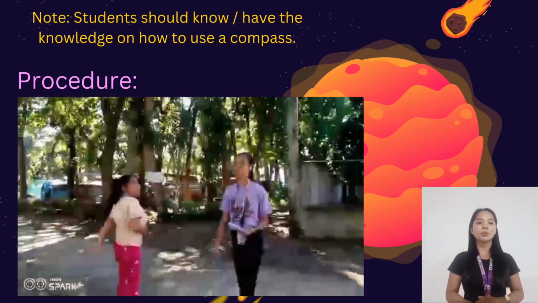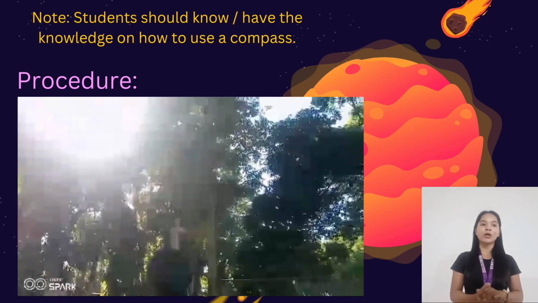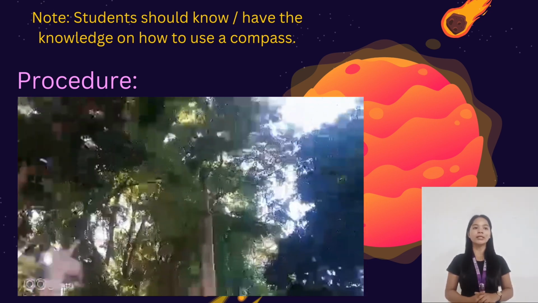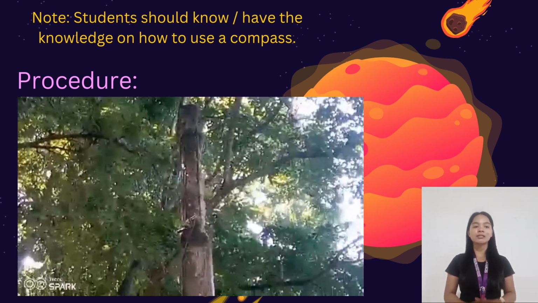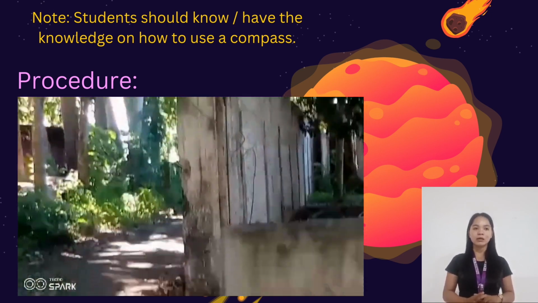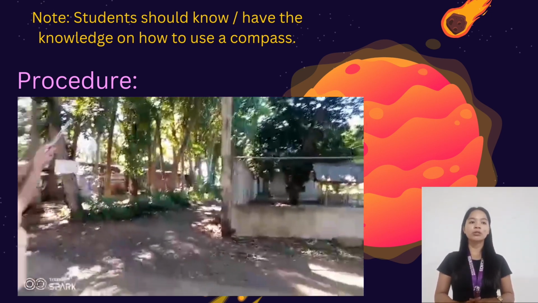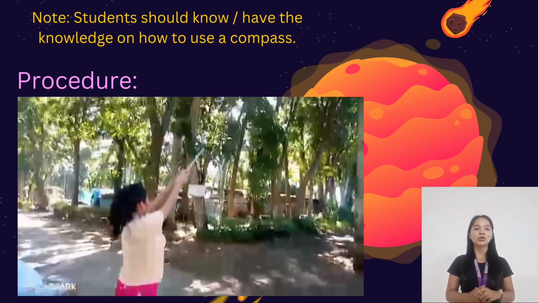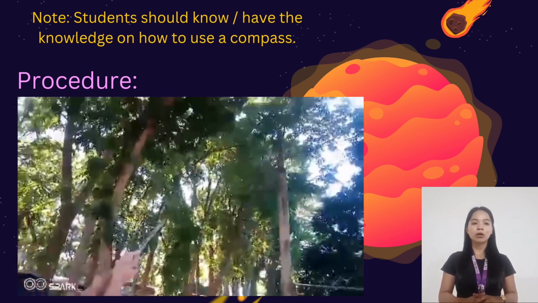Third, now turn toward the target, for example, a distant tree or any other object, and adjust the compass so the end lines up with the compass needle. The direction you are looking toward the object shows your bearing or azimuth direction.